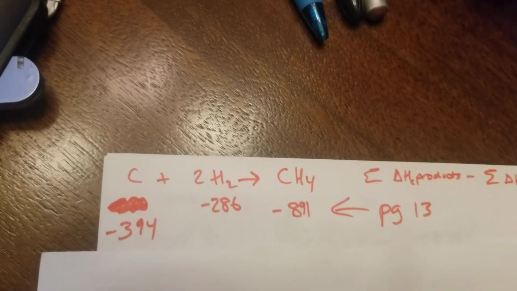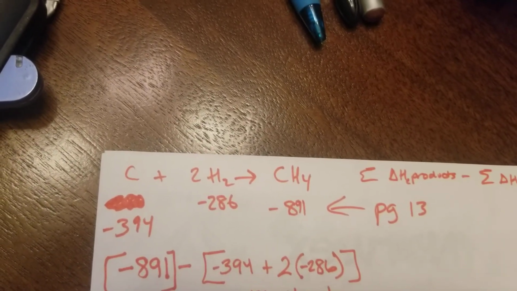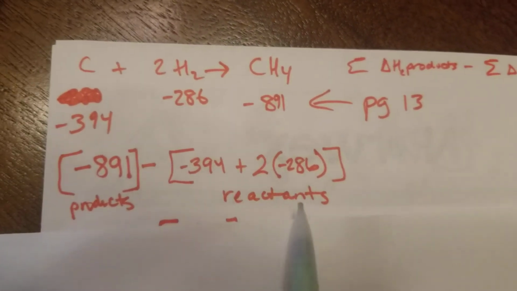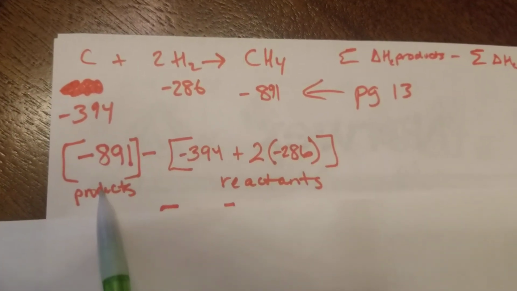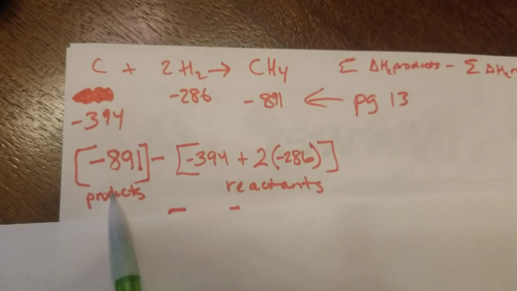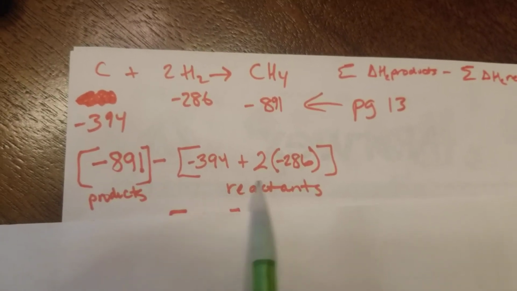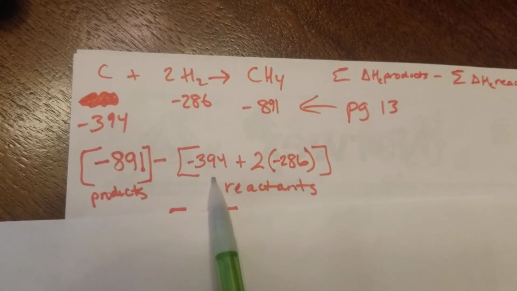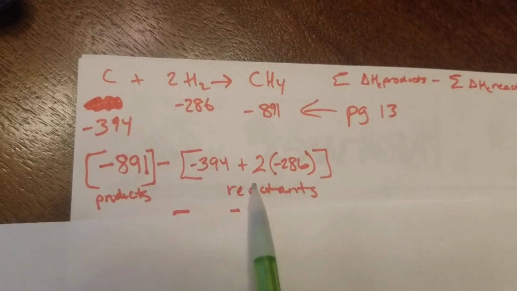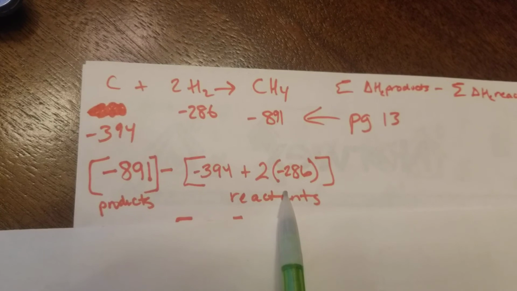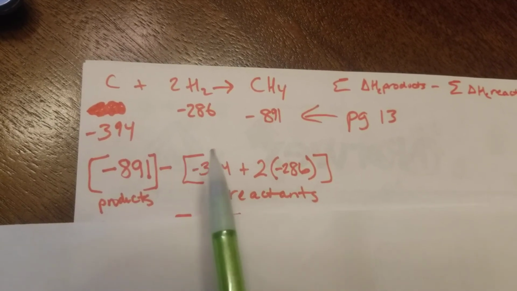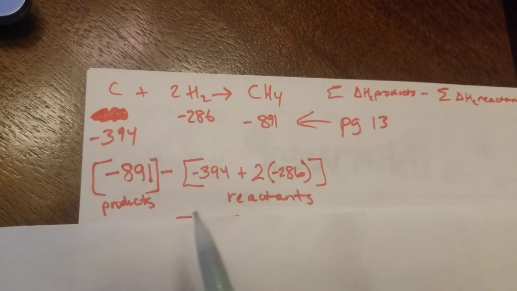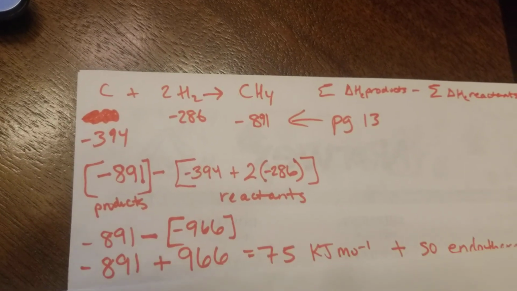If I take these values and plug them into the formula, remember, products minus reactants. The product, there's only one, negative 891, minus the reactants. I have the negative 394 from the carbon plus 2 times the negative 286 of the hydrogen gas, because of that coefficient 2. Then I do the math.